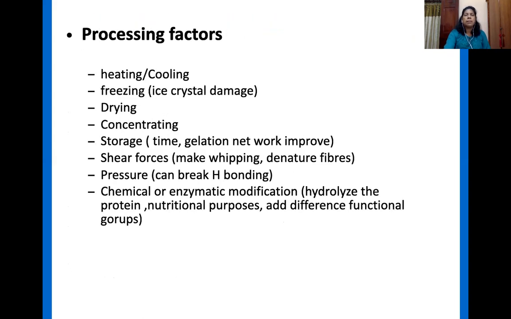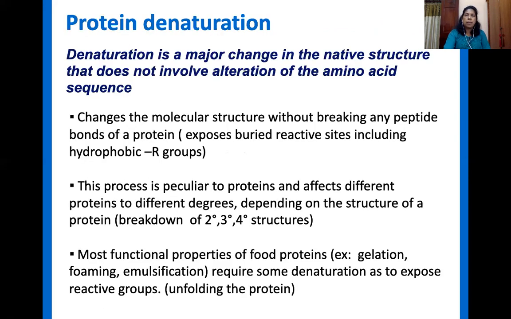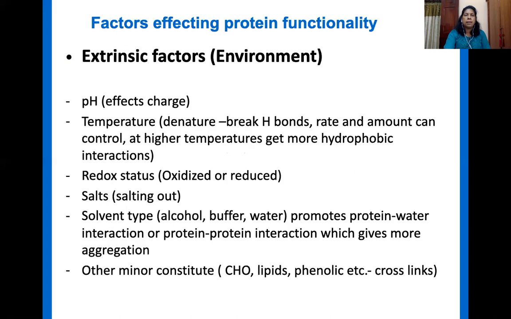The other one is the processing factors, which also come from the environment, but processing factors we do by ourselves. It does not happen automatically, we do something. So these are the 3 factors we normally use to change the protein functionality.